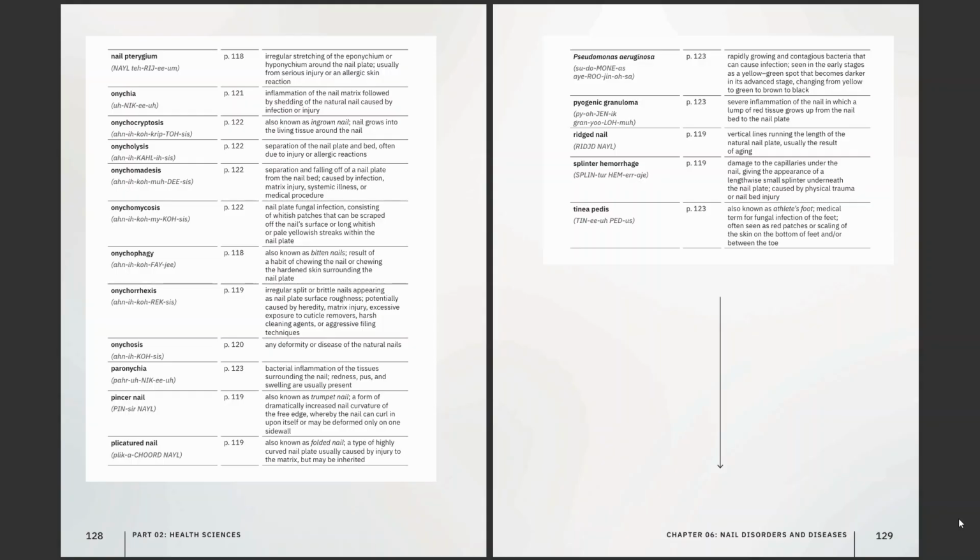Onycholysis: separation of the nail plate and bed, often due to injury or allergic reactions. Onychomadesis: separation and falling off of the nail plate from the nail bed caused by infection, matrix injury, systemic illness, or medical procedure.